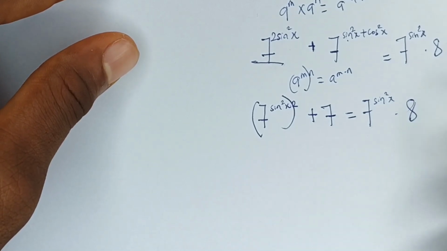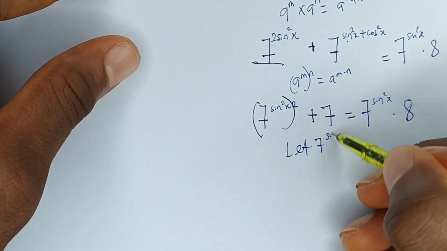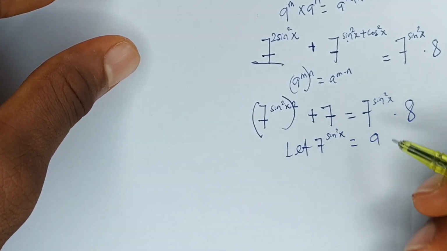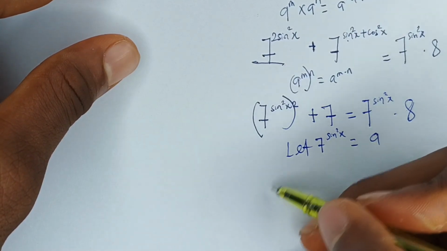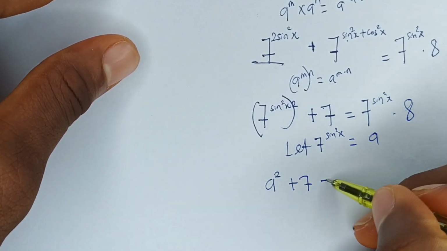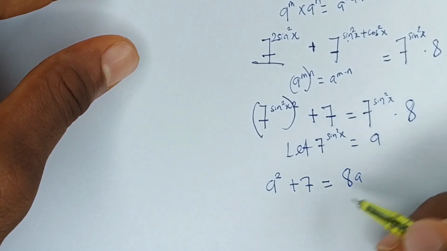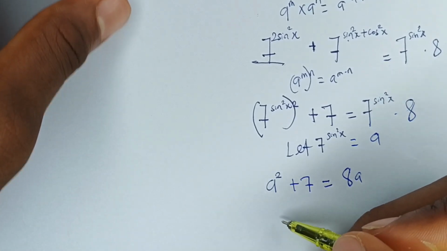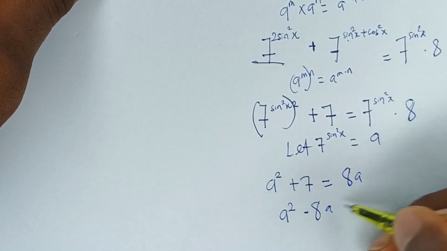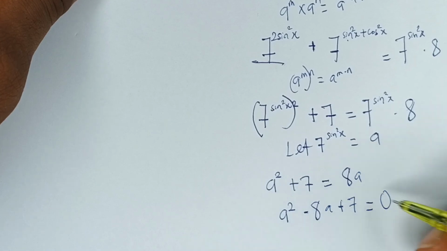Okay, now let 7 raised to power sine squared x be equal to a, for example. So we have a squared plus 7 to be equal to what? 8a. Alright, so it means that what we have here is now a squared minus 8a plus 7 is equal to 0.